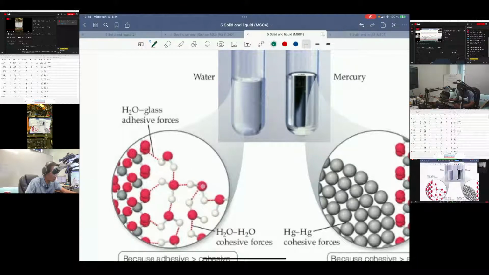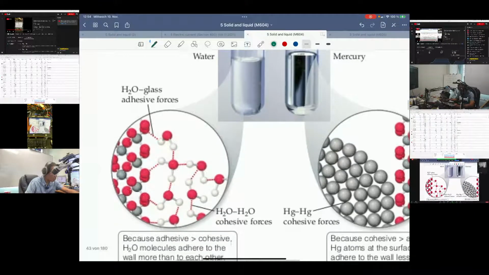The red one is the H atom and the white ones, two whites here, are the oxygen atoms, right? And the red one and the gray one represent the glass molecule or glass atoms.